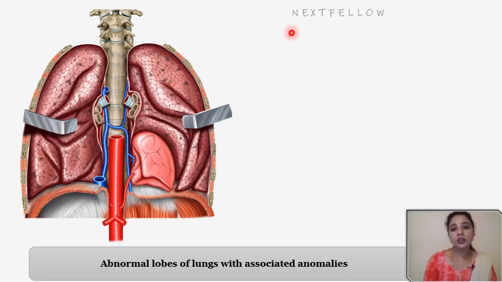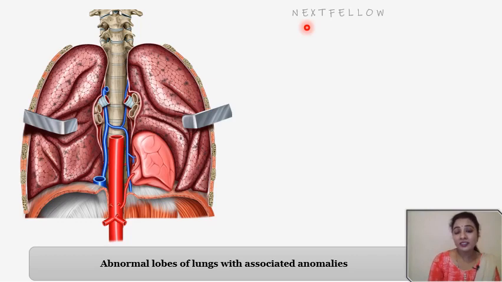These anomalies occur due to abnormal division of principal bronchi into lobar bronchi, and they are associated with anomalies of lung fissures. These anomalies are not clinically significant because the individual would be normal, even if they have 2 fissures or 3 fissures abnormally present.